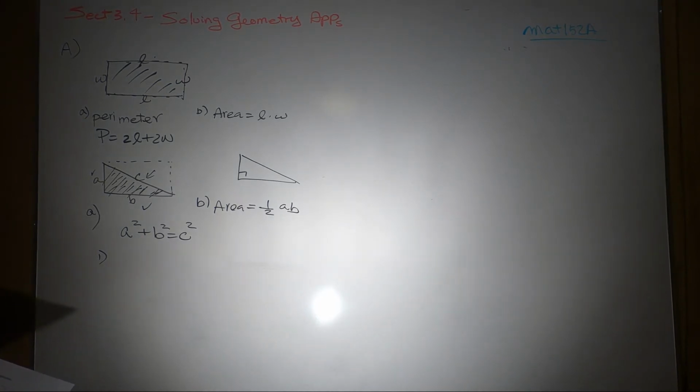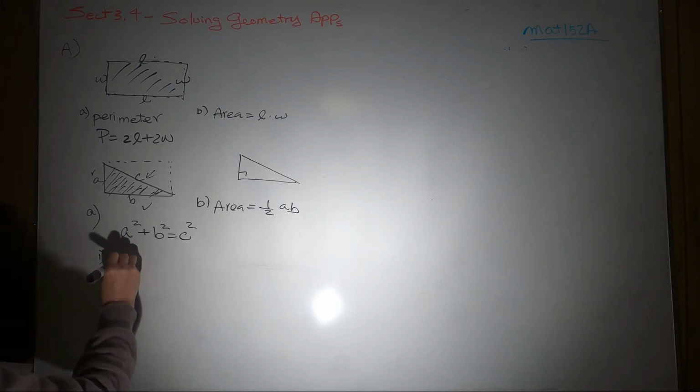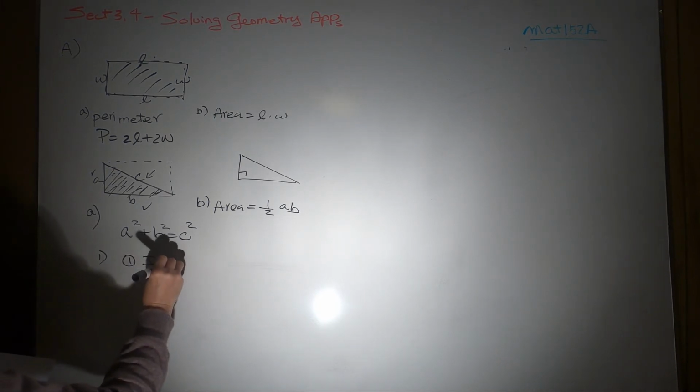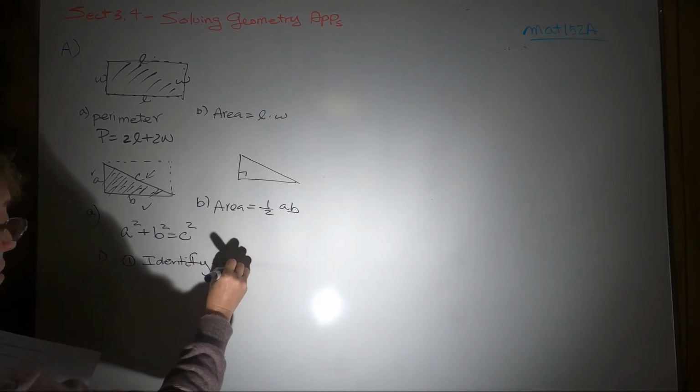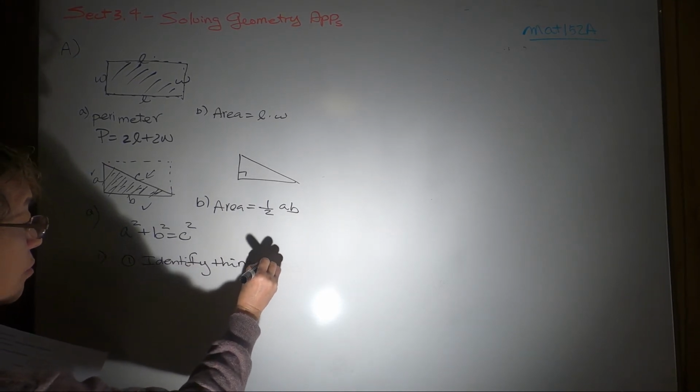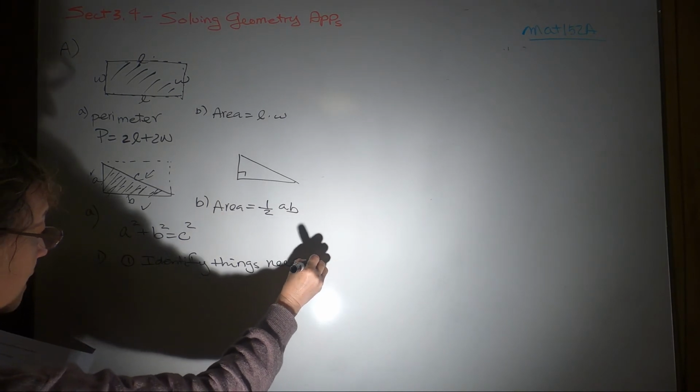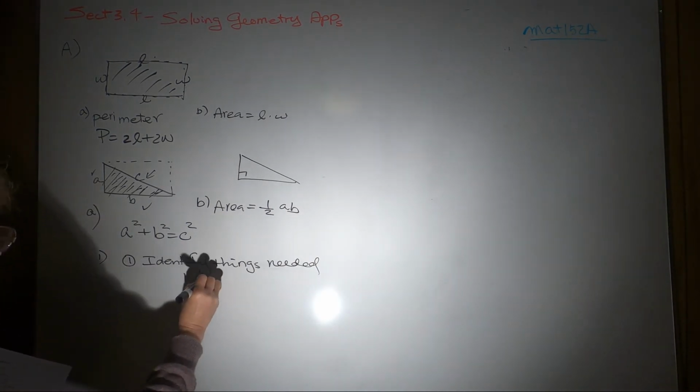The length of a rectangle is 4 meters more than twice the width. The perimeter is 32 meters. Find the length and width. So we have a word problem. First, we identify the things we need, with only one variable.